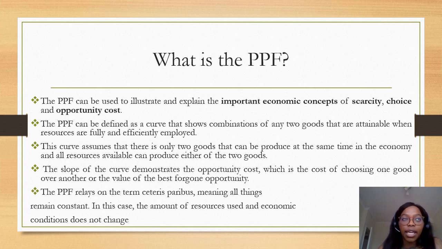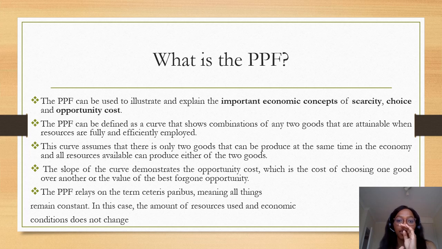In the concept of the PPF, what we are assuming is that there's an imaginary economy. In this economy, there can only be production of two goods. So good A and good B. Let's say, for instance, food and clothes. This economy now needs to choose which combination of the two goods they are going to produce.